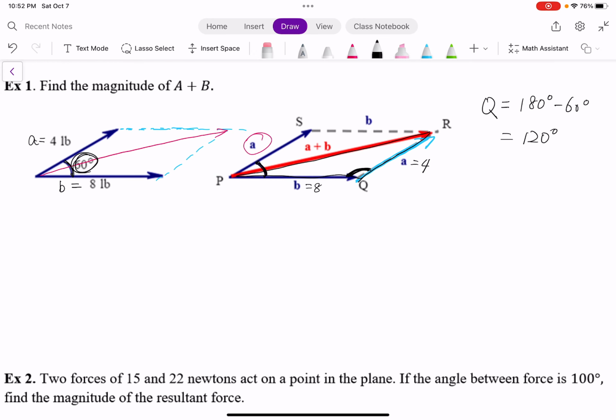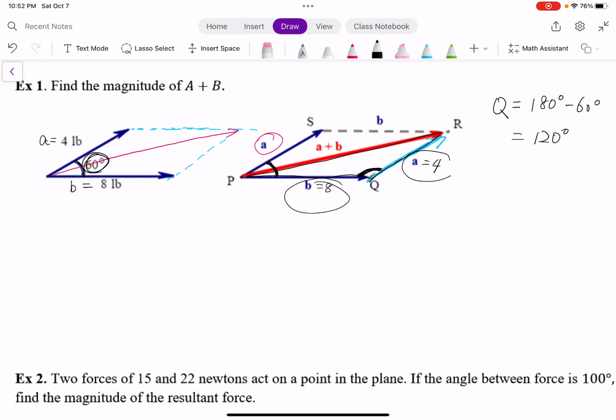All right, so we have B, we have A, and we have the angle between A and B. What should I do? We can use the law of cosine, because that's opposite of Q. The law of cosine is to find the magnitude of A plus B, since it doesn't ask for any direction.